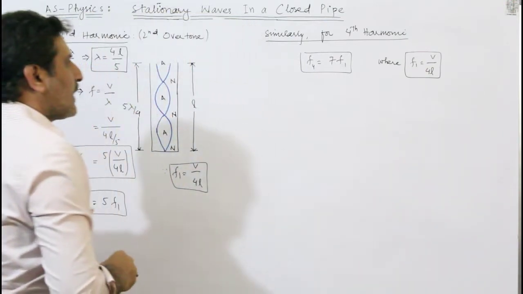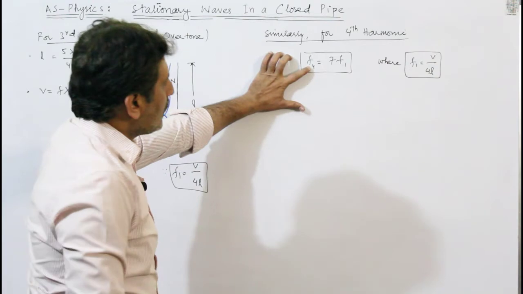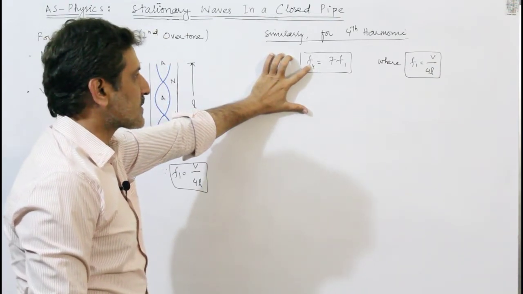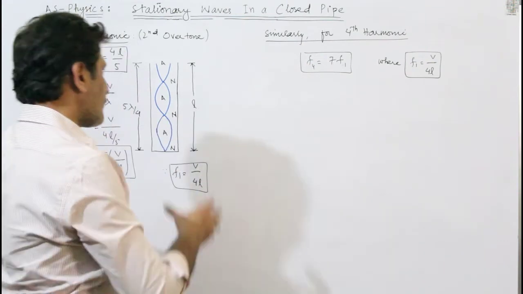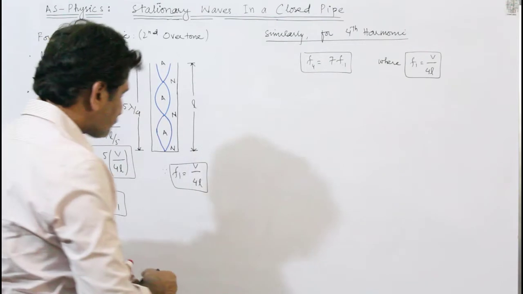Okay students, in your lectures I have used this term corresponding to the overtone, not with the harmonics. Okay, it is a difference between this lecture and the lecture which is written in your notebook.